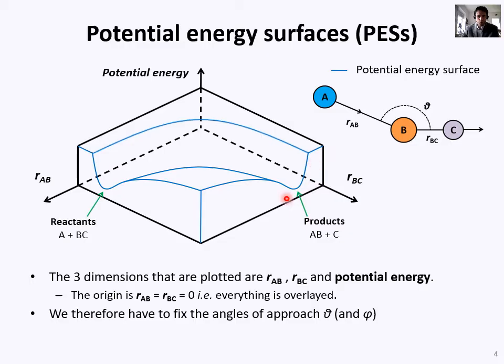Just starting to understand this diagram, we have a very big distance between B and C. So they are effectively apart, but you have a close distance between A and B. So this would be our products, AB plus C. C is far away, it's not attached.